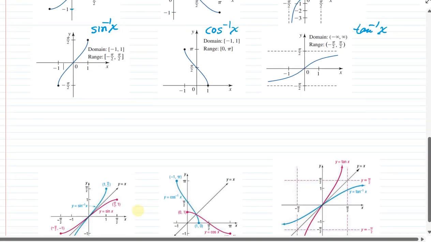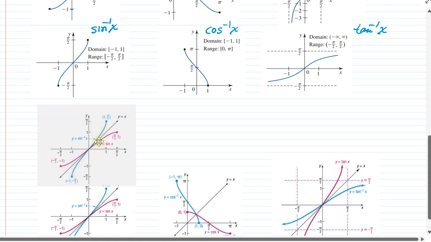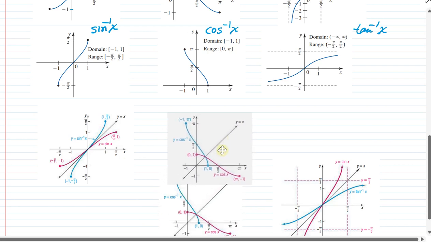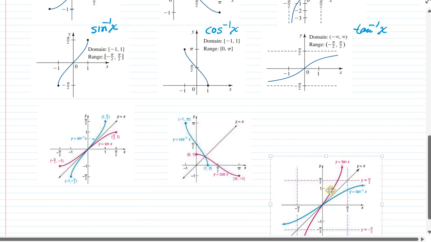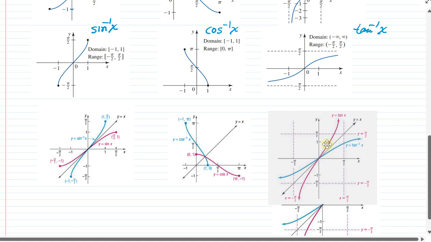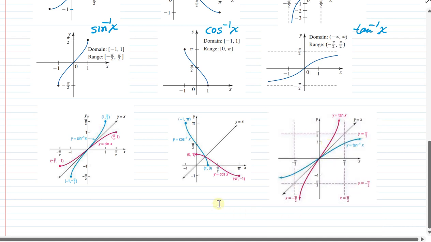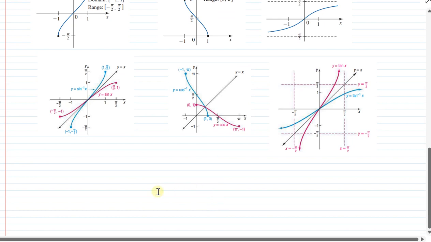And then I'll show you in a moment how I kind of remember how to work with these, because it is important to note the domain and range of these when we solve equations, and then later on in your calculus courses when you do integration.